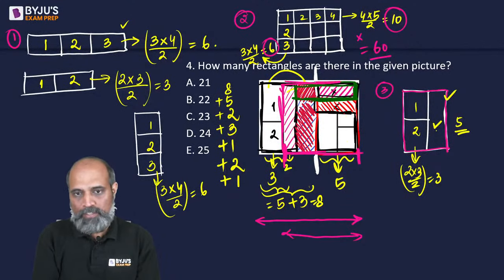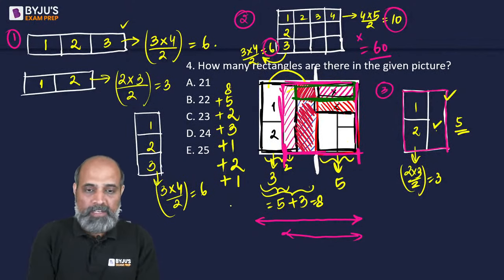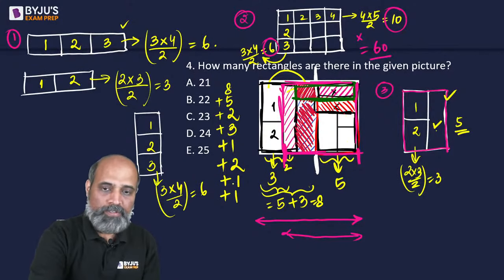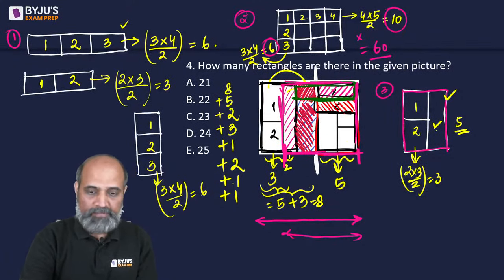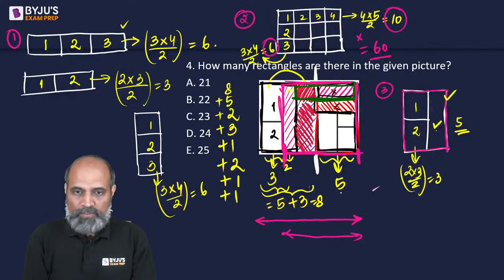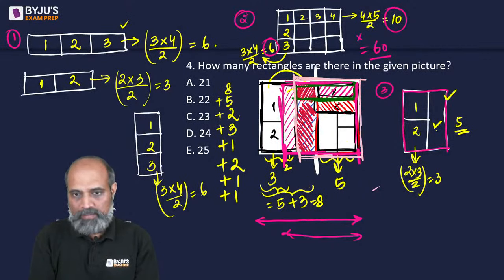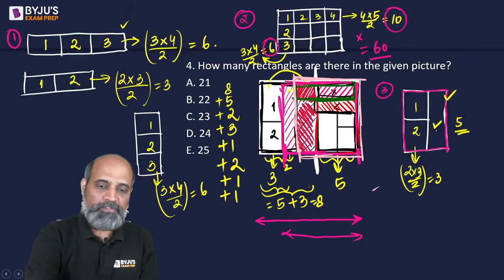This one we did not. Right? So that will add up to give us one more. And finally, there was one more rectangle that we did not cover, which was this rectangle, the other side. So that will give us one more.